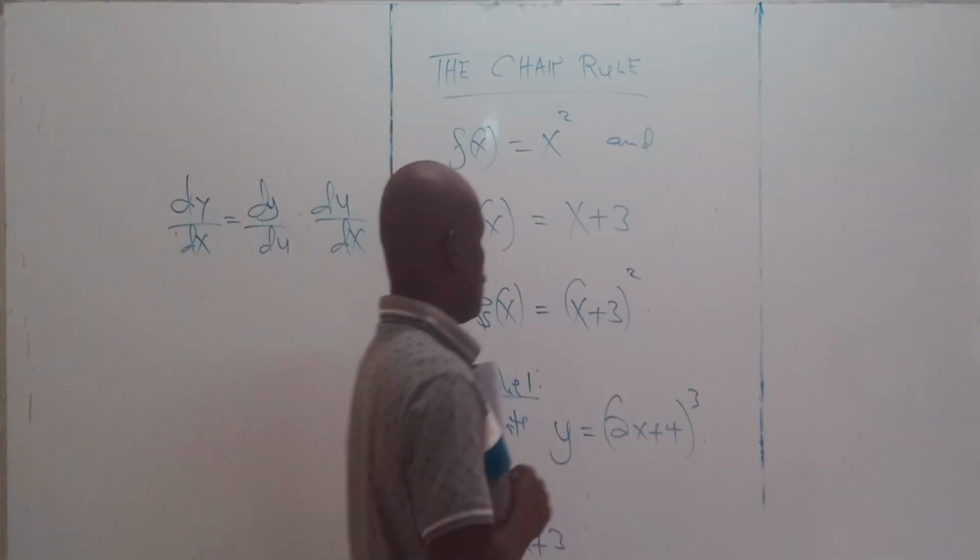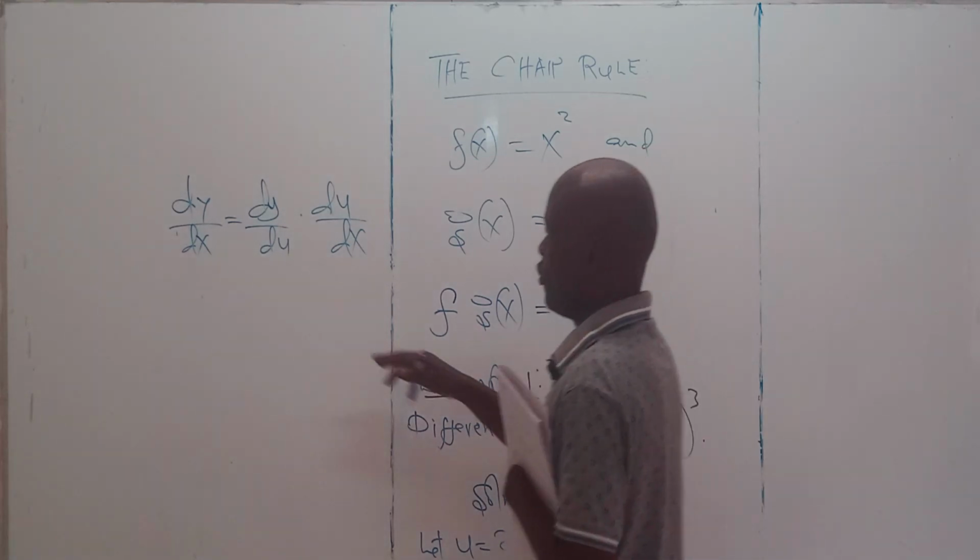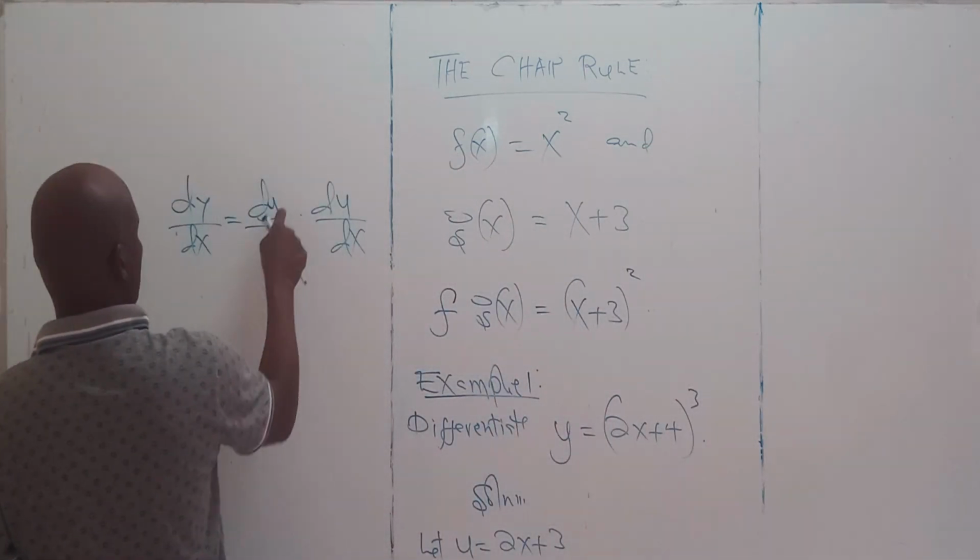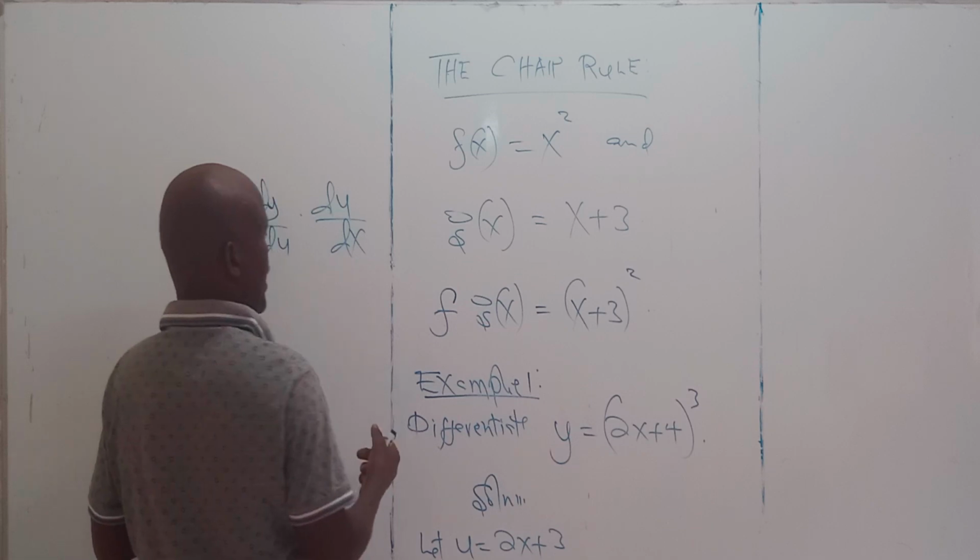But in my chain rule, I have dy dx is given by dy du dot du dx.